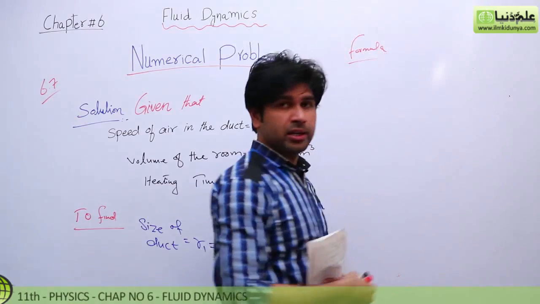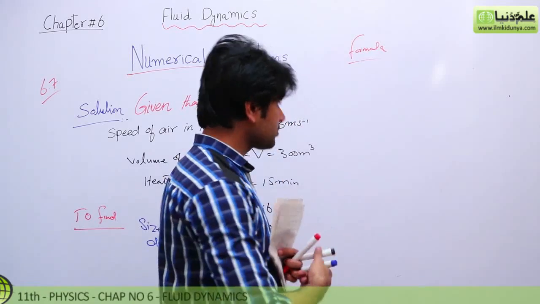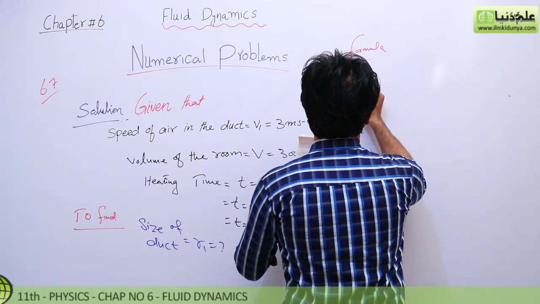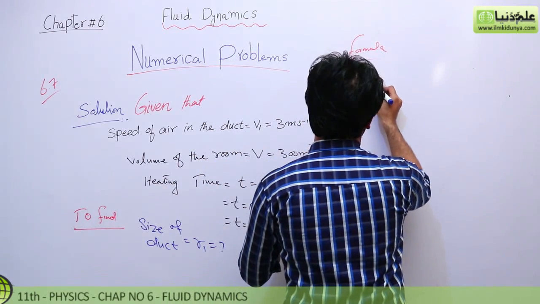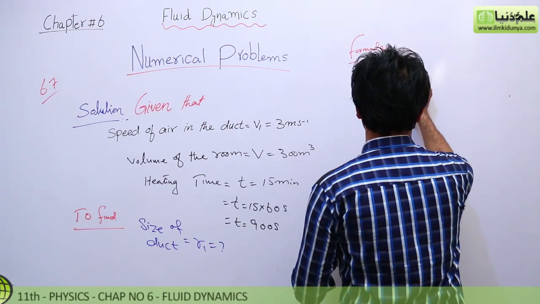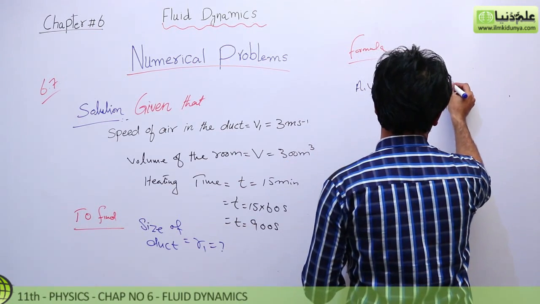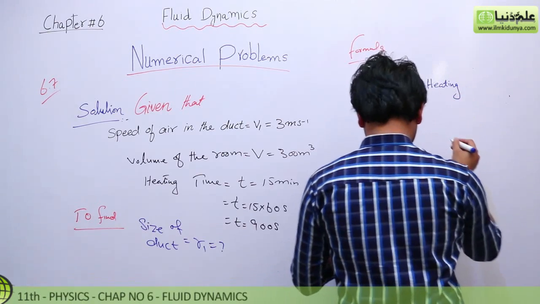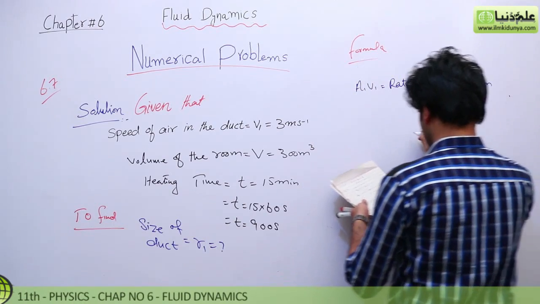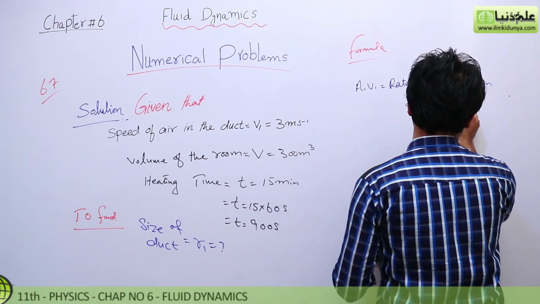To solve this numerical problem, we will use the equation of continuity, and we know that the equation of continuity is A1 V1 equals rate of heating room per volume per second.